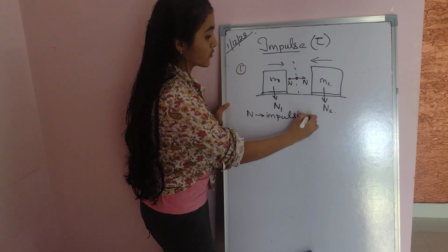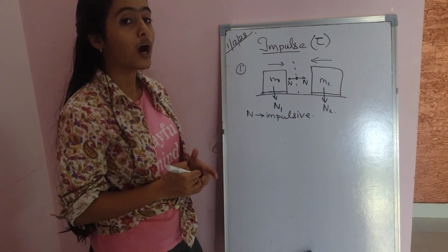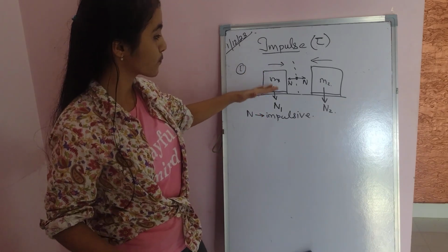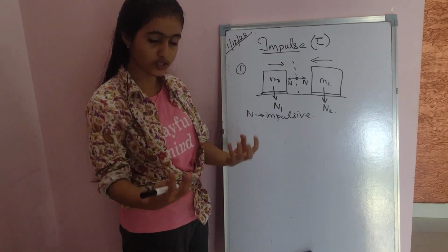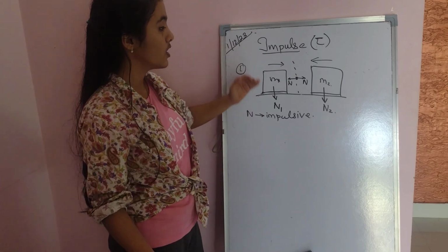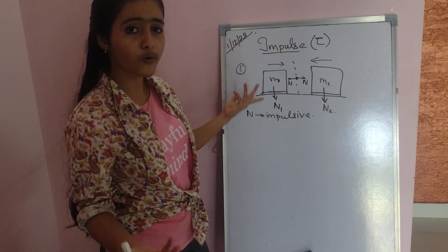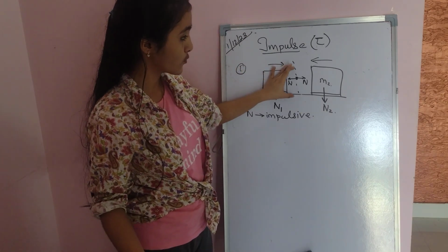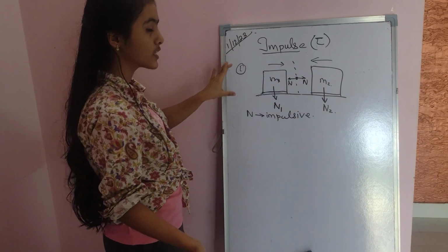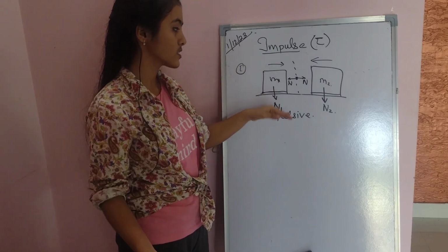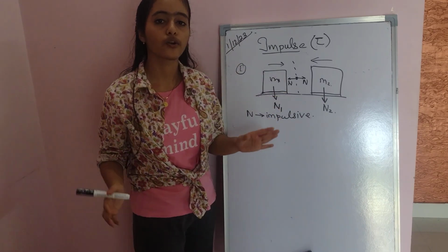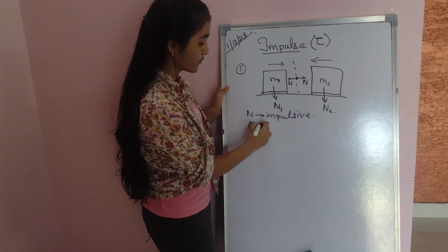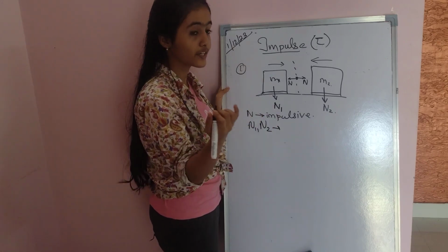But check N1 and N2. Are they impulsive? No, they are always present there. They are always pulling the body downwards. They are not providing any impulsive force. Even if this body is moving here, even if they collide and then move back, N1 and N2 are not providing any additional force.